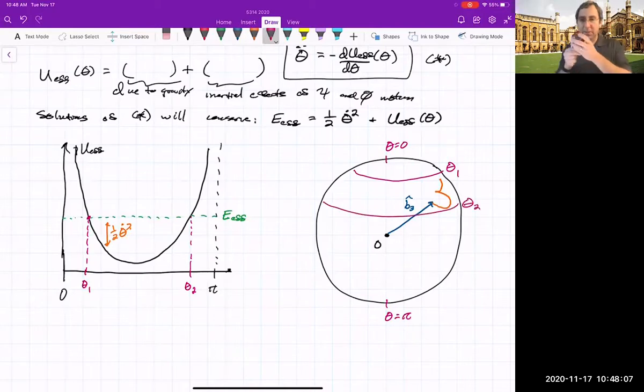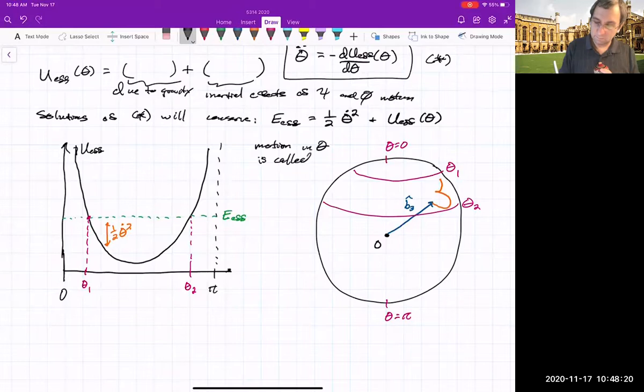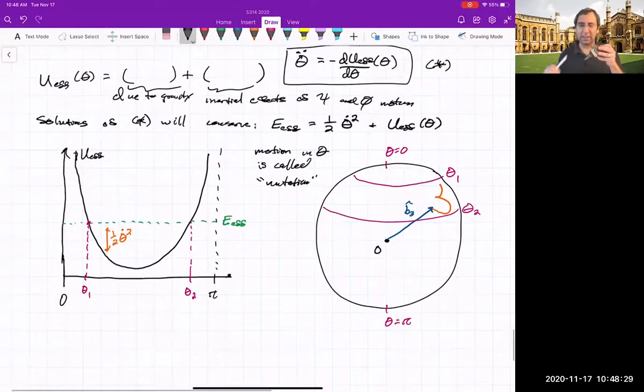These will limit this motion in theta, which is actually called nutation. And it's sort of interesting that it's nutation, or the dynamics in theta, that basically determine everything. So you can visualize the motion of the tip of this sphere moving around.